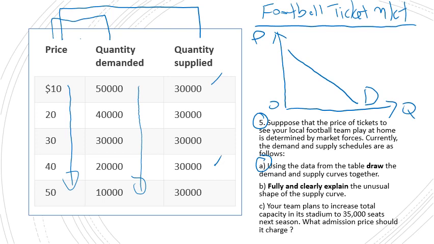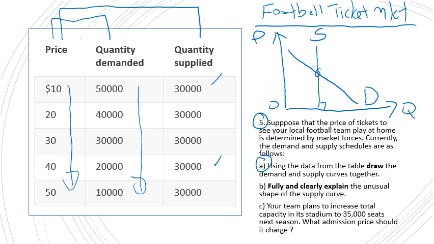So the supply curve looks like this. It's perfectly inelastic. So you had to draw it this way. It had to be shown as vertical, as perpendicular to the x-axis.